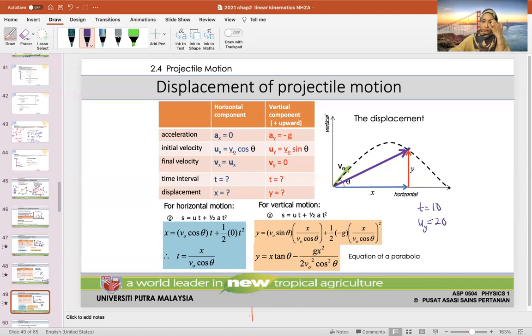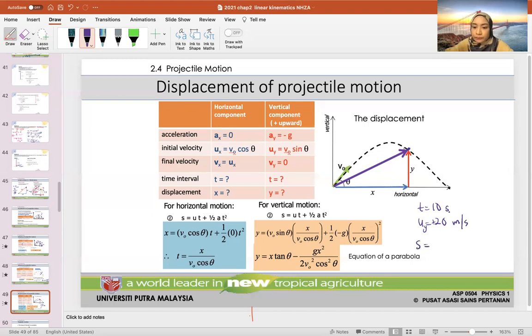So let's continue. Let's say I have t equals to 10 seconds, uy equals to 20 meter per second. Yes, 20 meter per second positive. This is what the initial velocity in the y component. Contoh, okay, so I want to know what is my displacement after 10 seconds. So use the linear kinematic equation. Jangan tengok ni dulu.